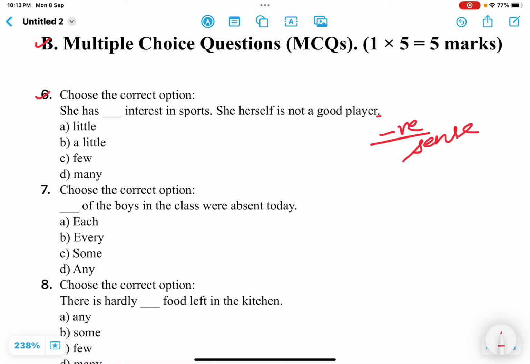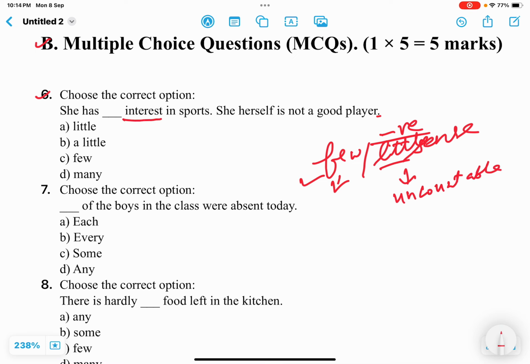So we are to use few or little according to the noun. If it is countable, then few, and if it is uncountable, then little. Here the noun is interest, and interest is uncountable. So the correct answer is little.